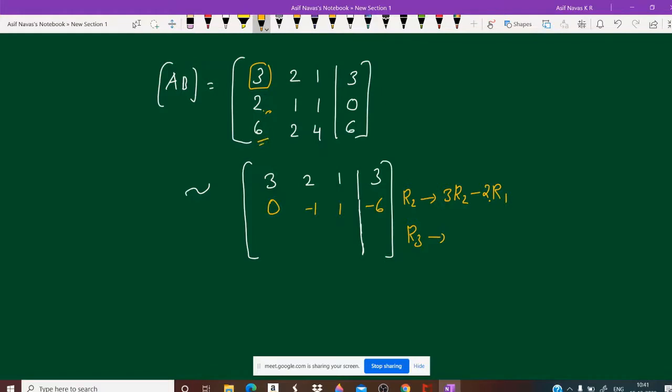I want to make this 0, so R3 becomes 3R3 minus 2R1. This becomes 0, and here 2, 2, 0.